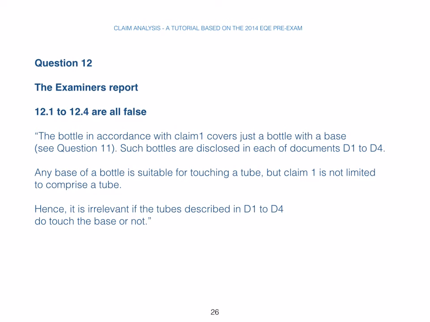And they add, any base of a bottle is suitable for touching a tube, but Claim 1 is not limited to comprise a tube. Hence, it is irrelevant if the tubes described in D1 to D4 do touch the base or not.